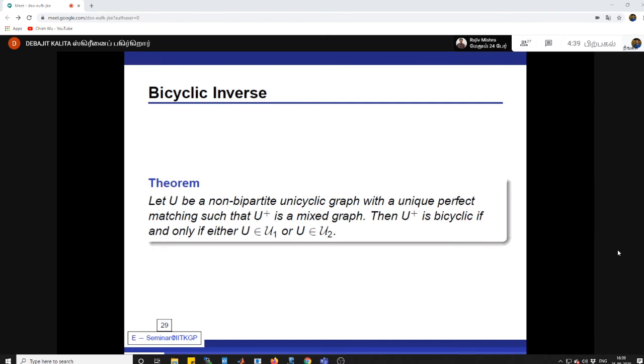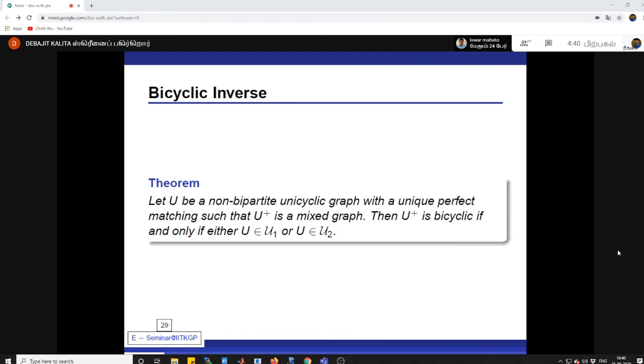So with these structures, so far we have described the structure of the inverse graphs: the bipartiteness, quasi-bipartiteness, unicyclic, and then bicyclic. And we have found some tricyclic cases also, but we are not going to discuss those in this talk.